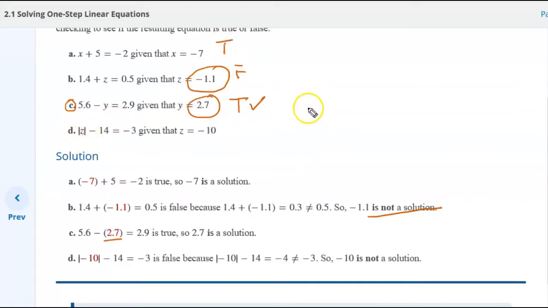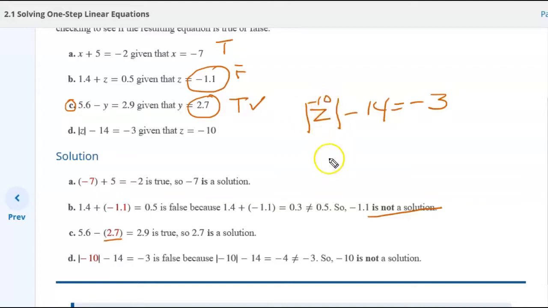Now for letter D, and I'll write this one out here. It says Z, absolute value of Z minus 14 equals a negative 3. So they're going to replace the Z with a negative 10. So negative 10. Now what's the absolute value of negative 10?